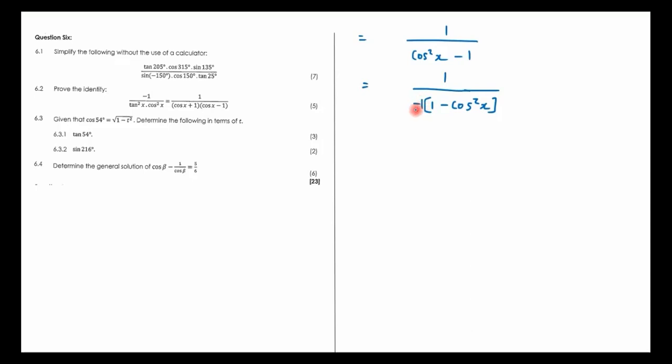Now this is negative 1, right? So negative 1 divided by 1 gives me what? It gives me negative 1 over 1 minus cos squared x. Now this is the same as the left hand side, and therefore left hand side is the same as the right hand side.